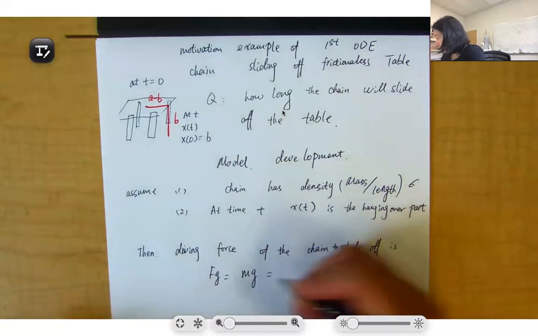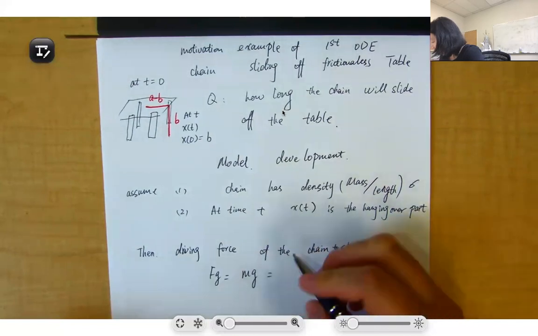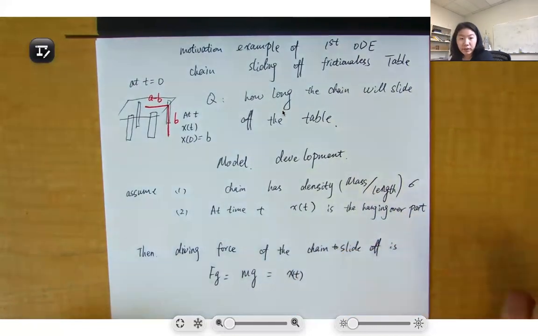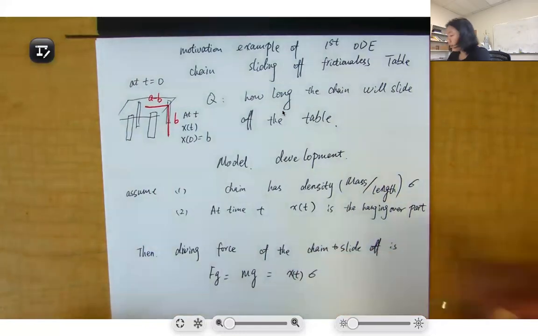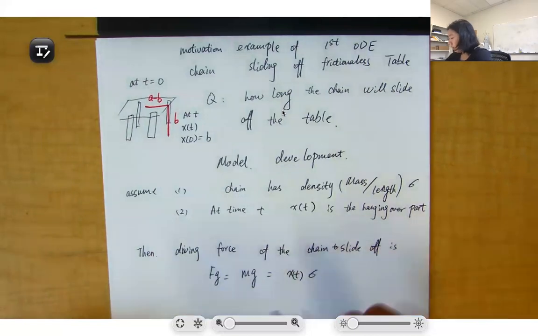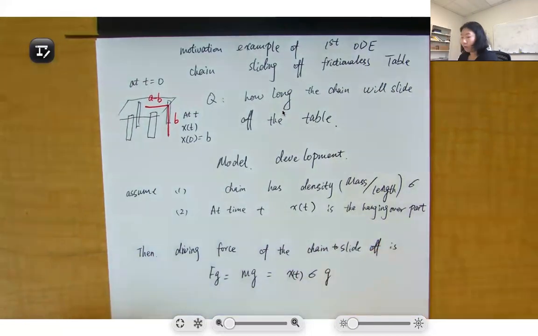Then that is equal to, at time t, the slide off part x(t) times sigma, which is the density, that is the mass of the hangover part, times the gravity constant.